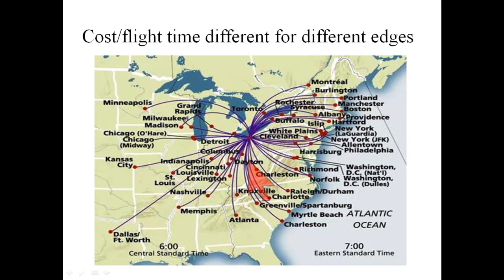And so now the edges are not just regular edges, but we're going to put weights on these, most often corresponding to physical distance. So it's a certain number of miles between Minneapolis and Cleveland, a certain number of miles between Detroit and Cleveland, and so on. And then as I think about traveling around and visiting every city and returning, I'd like to do that in the shortest distance possible.